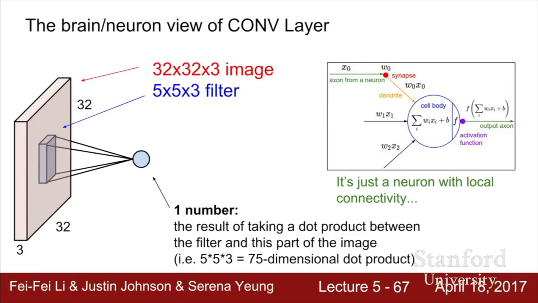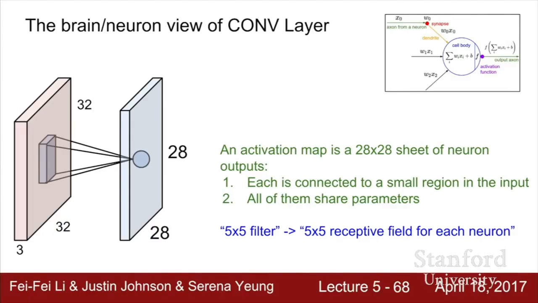But the main difference here is that now your neuron has local connectivity. Instead of being connected to the entire input, it's just looking at a local spatial region of your image. So you get how much this neuron is being triggered at every spatial location in your image. Now you preserve the spatial structure, and you're able to reason on top of these kinds of activation maps in later layers.